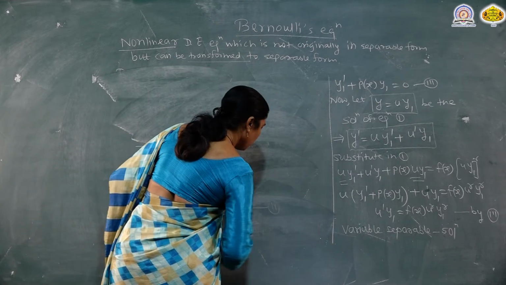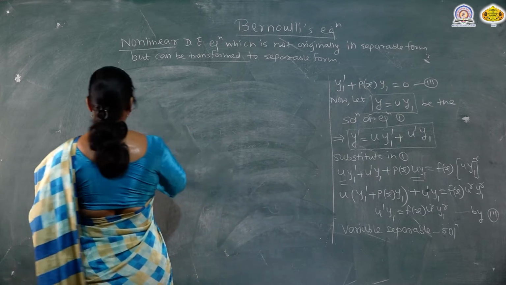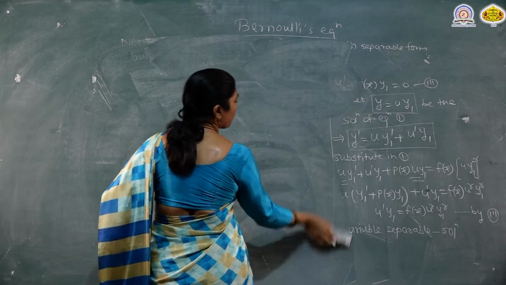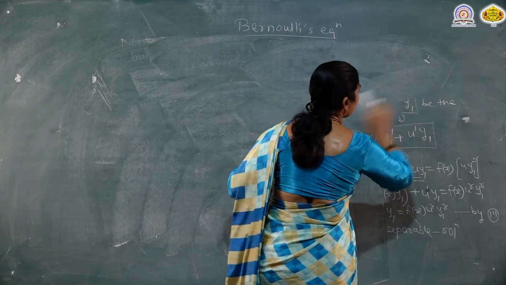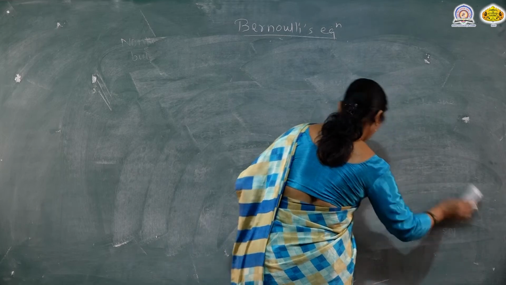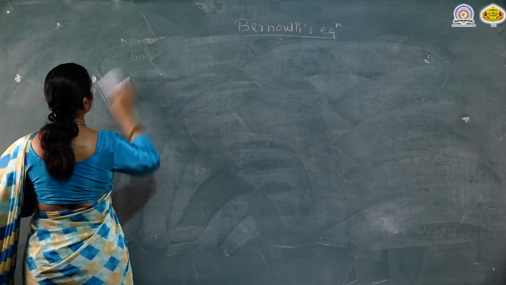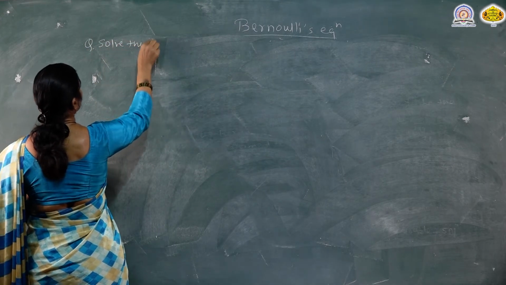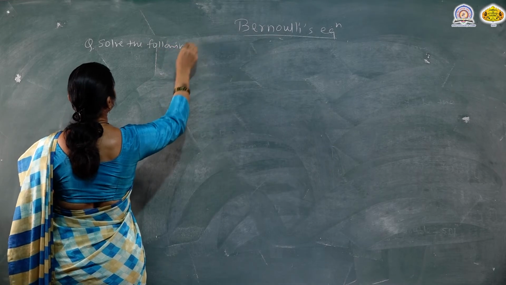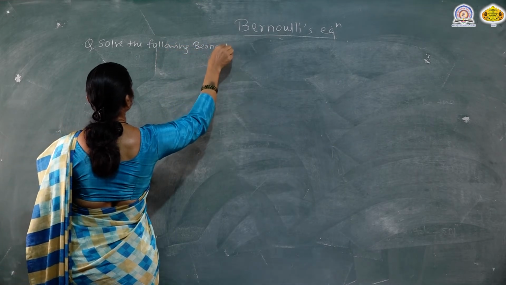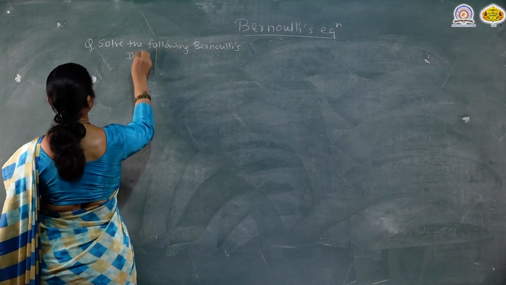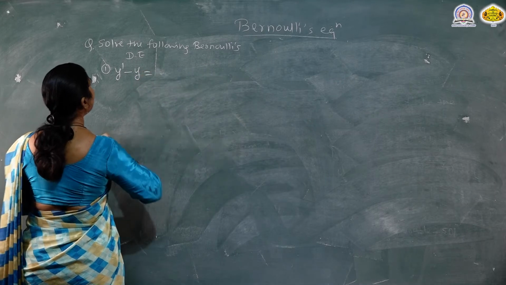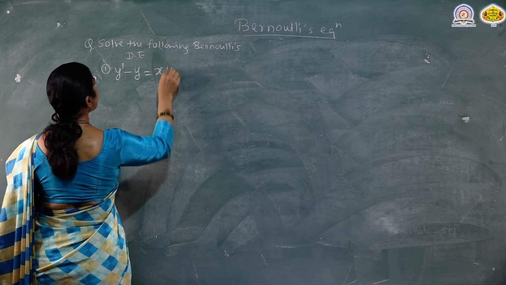Consider an example to understand the method. So the question is, solve the following equation by Bernoulli's method: y' - y = x y^2.